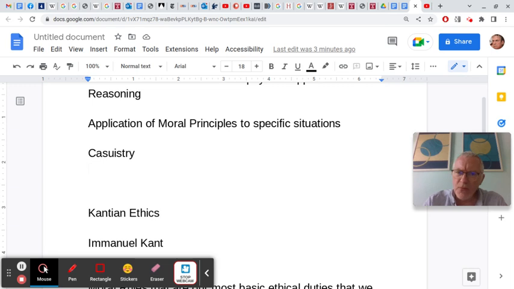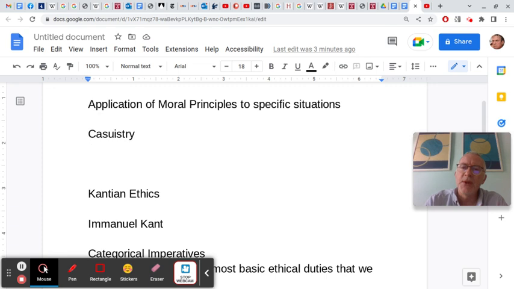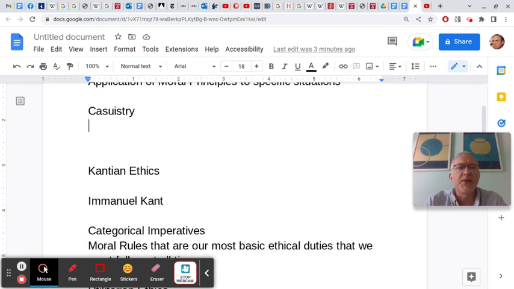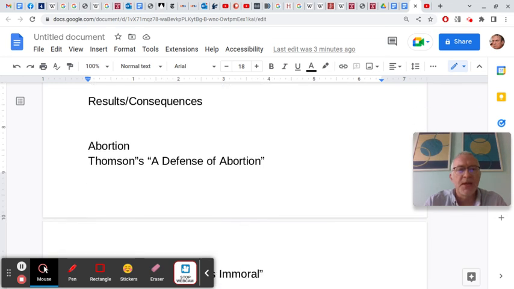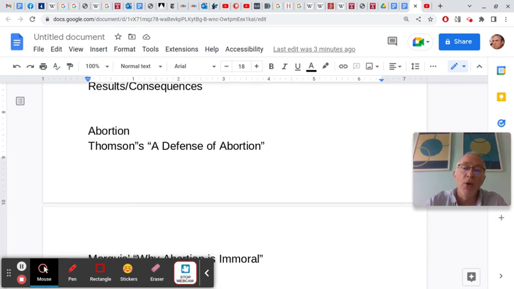The goal is, number one, to become more familiar with certain ethical decision-making frameworks from Kant and utilitarianism, and to become more familiar with the thought of these philosophers who have written essays on particular topics. But the overall goal of the course is to improve our ethical reasoning, to become more thoughtful.